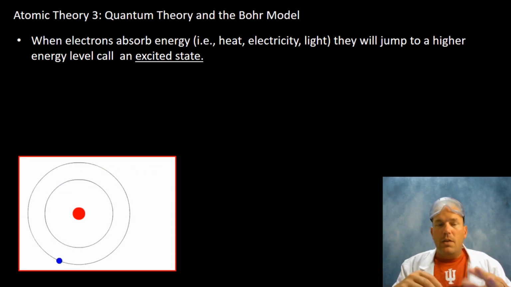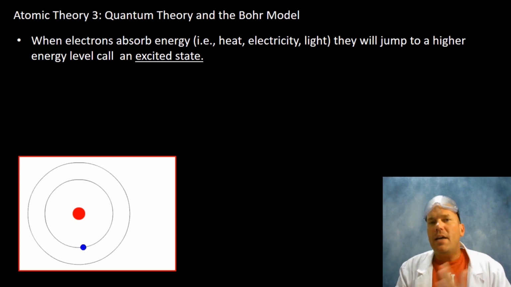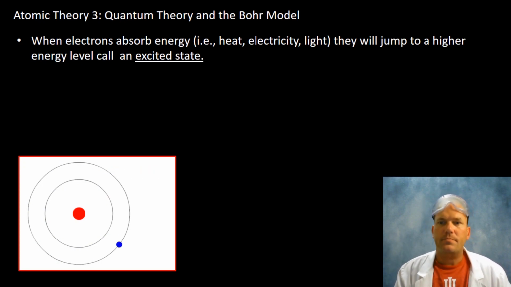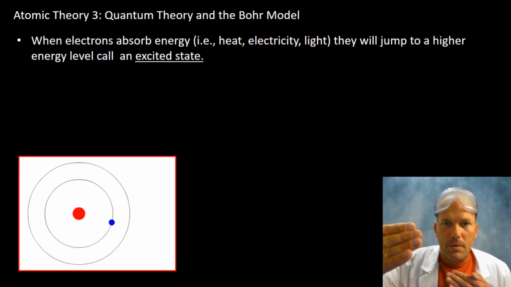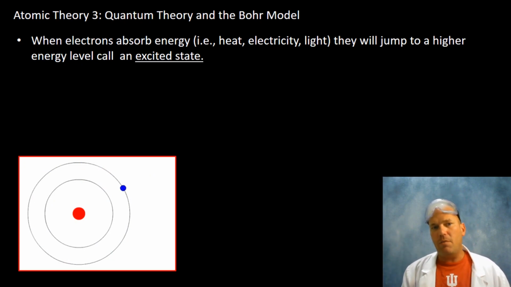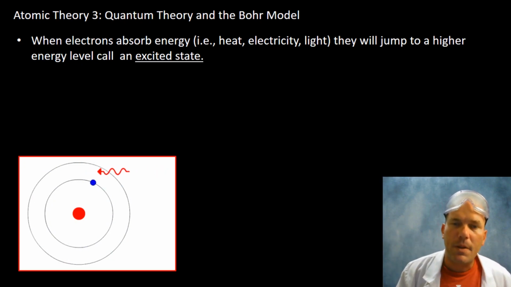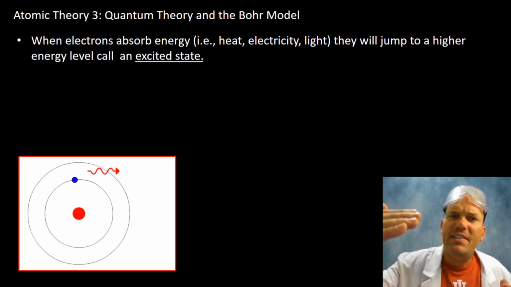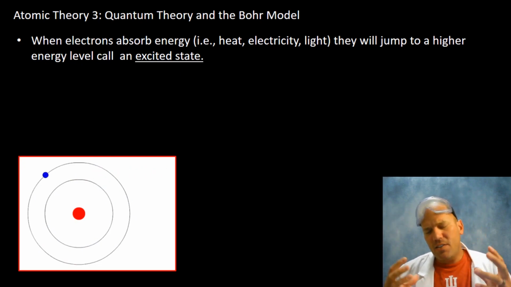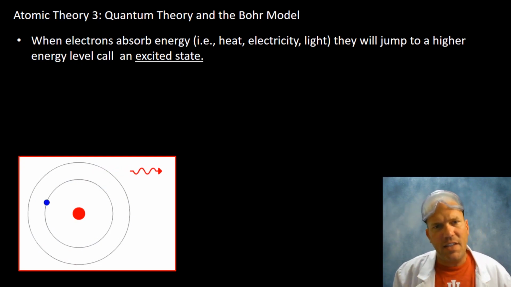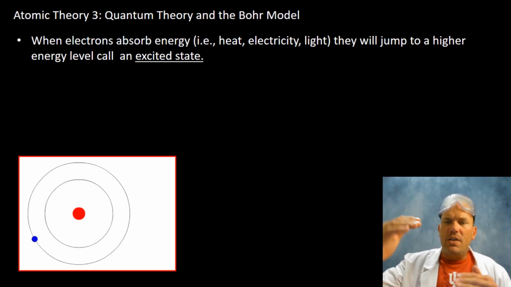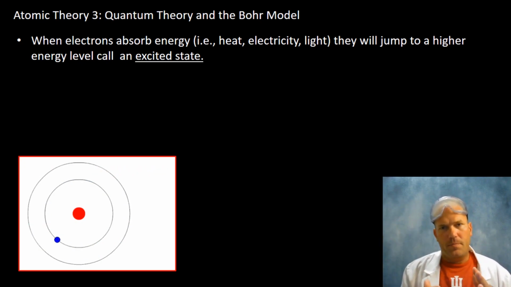All right, so when electrons absorb energy, they will jump to a higher energy level. They will jump to a high energy state. And this is known as the excited state. It's a high energy, unstable state.